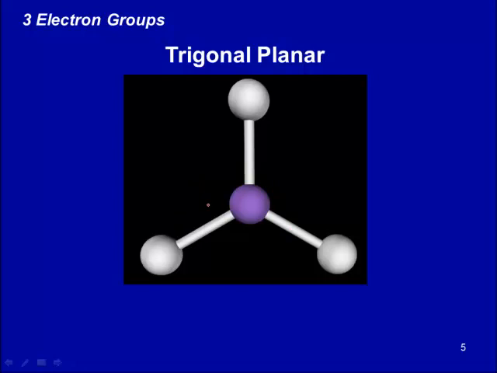If the surrounding atoms are identical, I have a polar arrow pointing this way, another polar arrow pointing that way, and another pointing this way. So now you actually have to recall some of the knowledge you learned in geometry. Those are vectors.